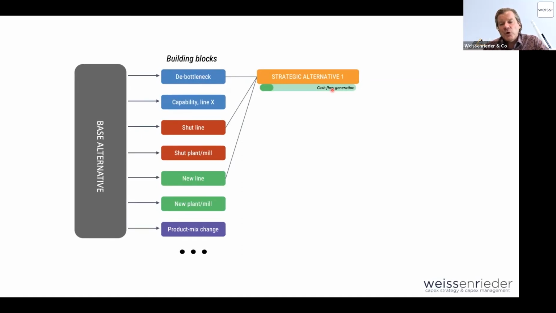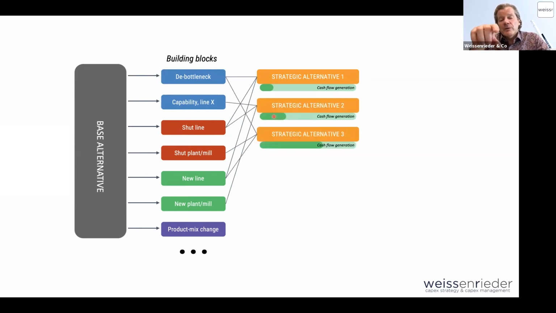That's a very simple way of explaining a holistic alternative from a company point of view. That has major effects, because you are usually not only affecting 3 mills, okay? You might affect all 10 mills that you have, if you have 10 mills, because of all the rotations of products and so on that you have here. And then you make another combination and another one.